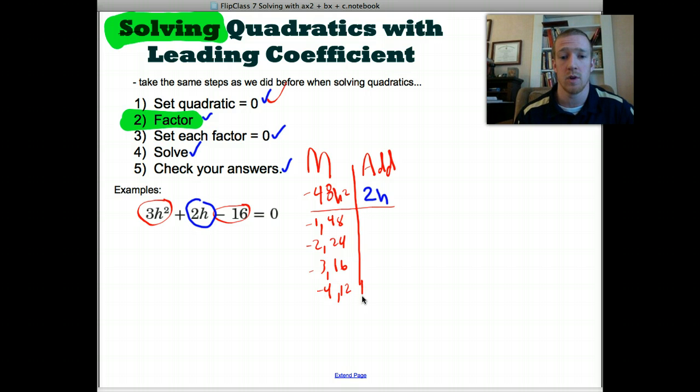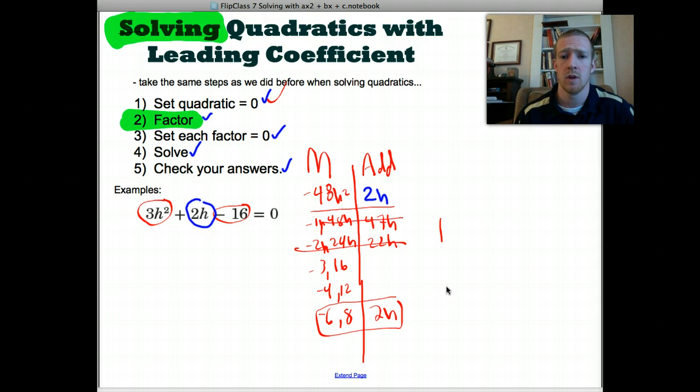That's really laborious, so you want to think ahead if you can, but if you get stuck, just do it this way. Negative 6 and 8, and finally, this is the one that adds up to a 2h. If I want to be really complete, I could do 1h and 48h, which adds up to 47h, and that's not the one we want. 2h and 24h adds up to 22h, and none of these are the ones we want. This is the one we want.